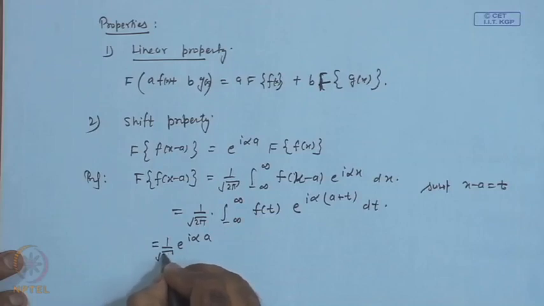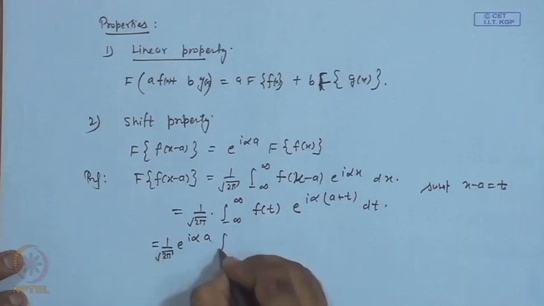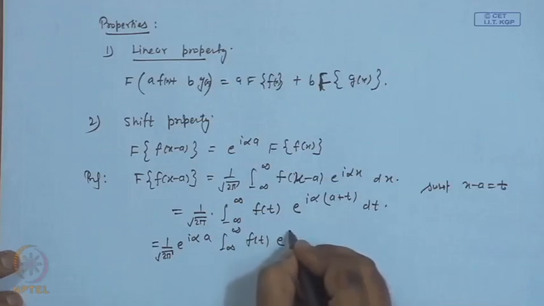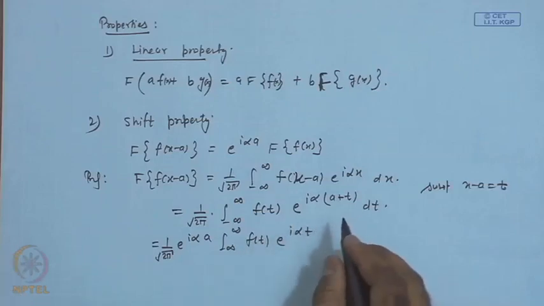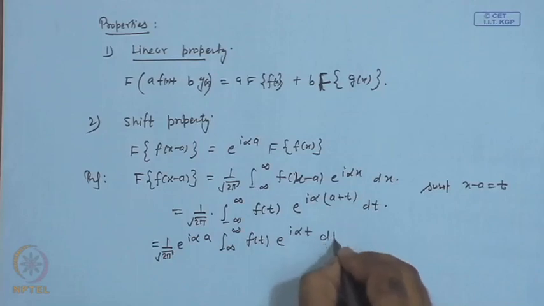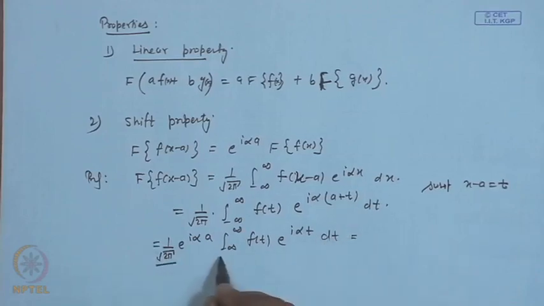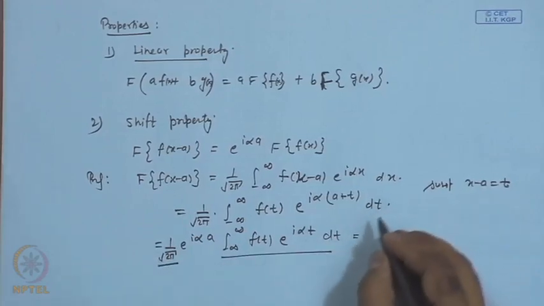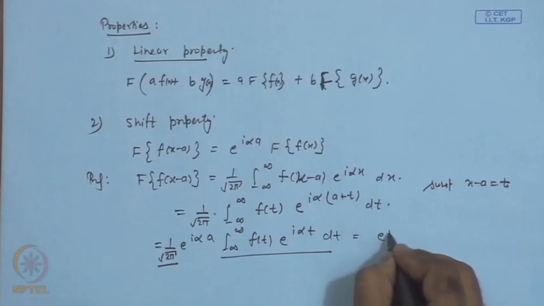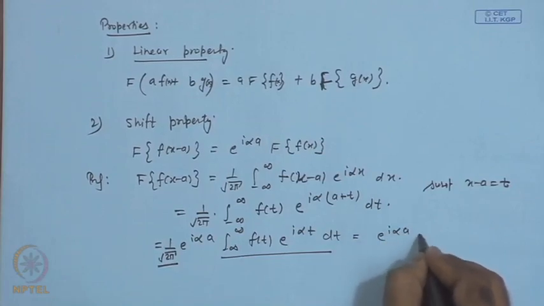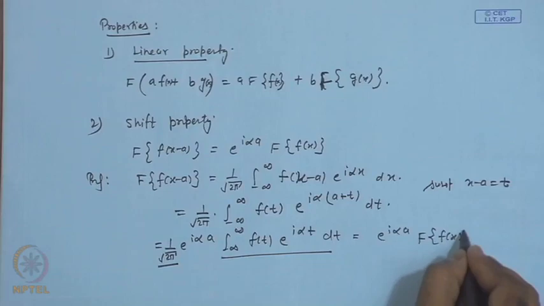So, with 1 over square root 2 pi, minus infinity to plus infinity, we have f(t) e^(i alpha t) dt, and this with this factor is the Fourier transform of f. So, we have e^(i alpha a) times the Fourier transform of f(x). Now, the third property we have is the translation property.